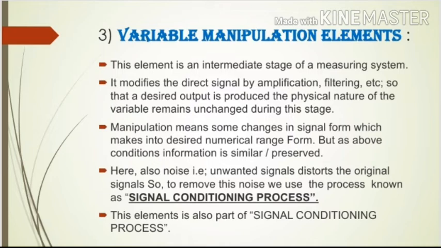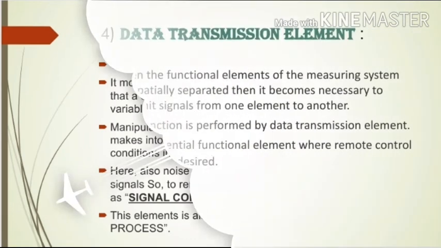Only some boosting, or say amplification, and filtering of the signal by removing unwanted signal, that is noise, has to be done in this element. That's why it is also called the signal conditioning process. So we can say that both the variable conversion element and the variable manipulation element have a crucial role in the signal conditioning process and in passing the signal through them.